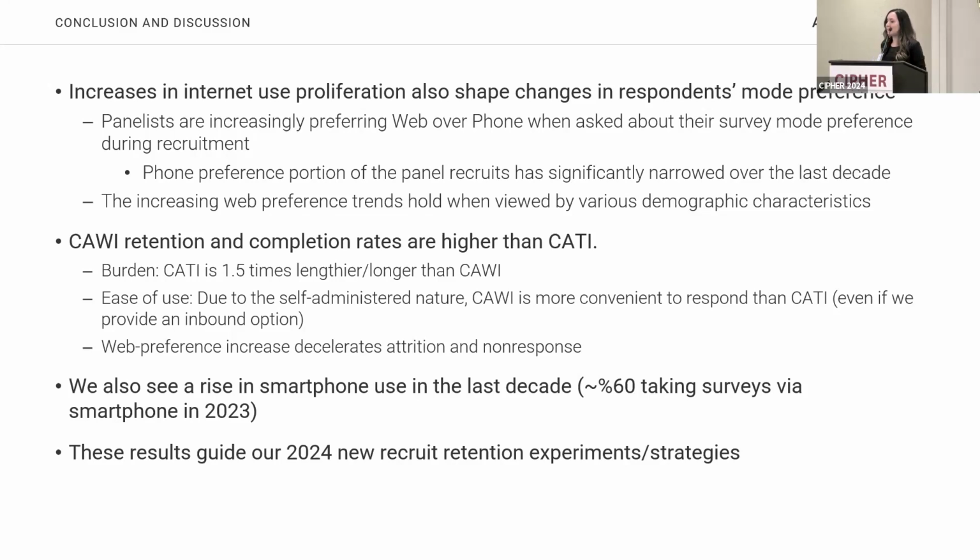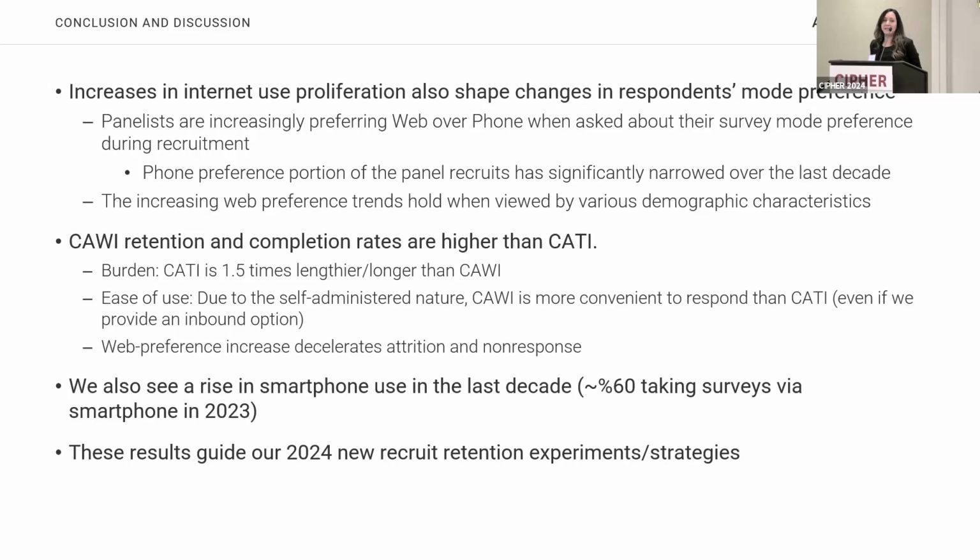So again, these results guide our 2024 new recruit retention experiment strategies. So number one, we are leaning more heavily on SMS, more thinking about leaning on our app, as well as when we want to bring back some of those attrition, we send mailings that encourage people to use the portal.